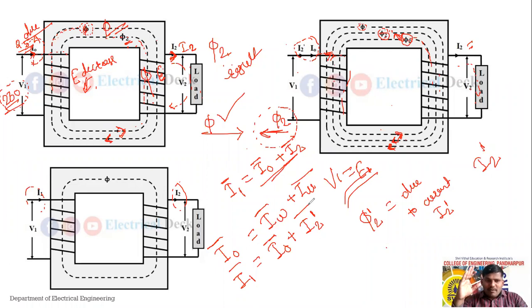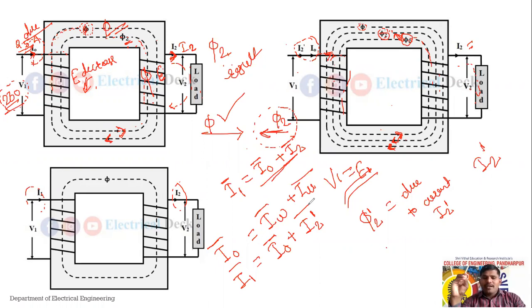What is the conclusion from no load and full load? That means the operation of the transformer will be the same, whether it is the load condition or the no load condition. The current taken from the supply in case of no load is the vector sum of two components, and the current taken from the supply in case of load condition is again the vector sum of two currents.